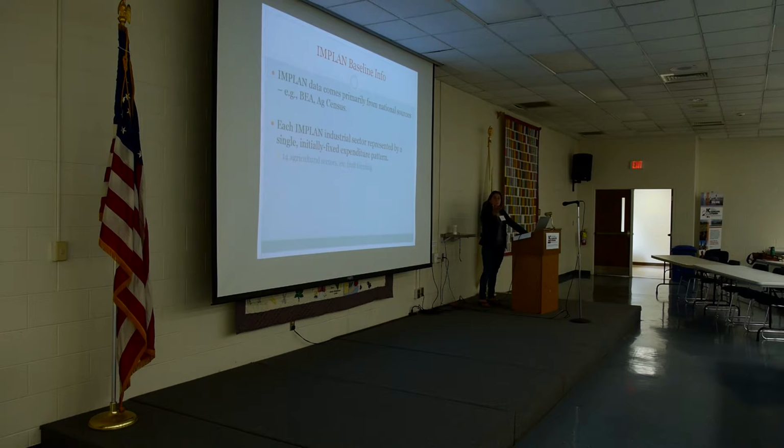Okay, so we talked about IMPLAN data a little bit, which comes primarily from national sources. Each IMPLAN sector is represented by a single fixed expenditure pattern. So basically for that IMPLAN sector, we know what that sector needs to purchase in order to produce its output, right, based on percentages.